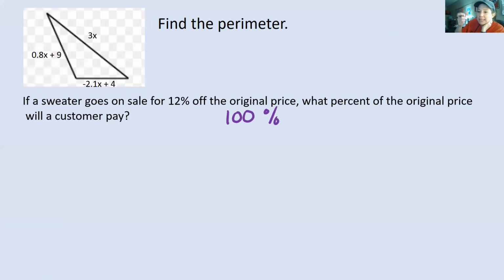But they're going to subtract away 12%. So you're literally going to subtract 12% from 100% to realize that when things go on sale, you're paying less than 100% of the price. And in this case, you would be paying 88% of the original price. Okay, so are you paying 100% if something's on sale?